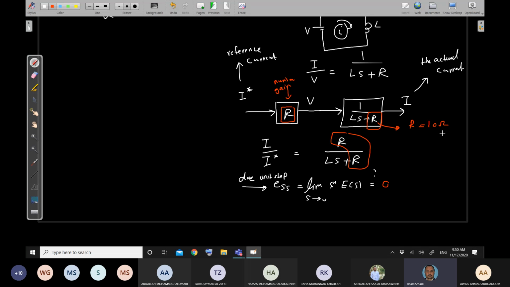Then you are going to the simulation, to the computer, and say that R equals 10. But unfortunately, this is not 10 ohm. This can be plus or minus a certain tolerance, a certain delta R.